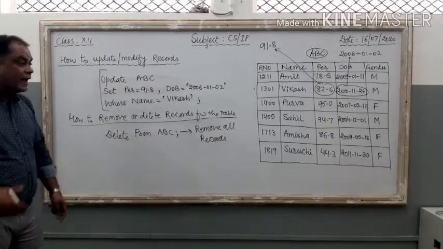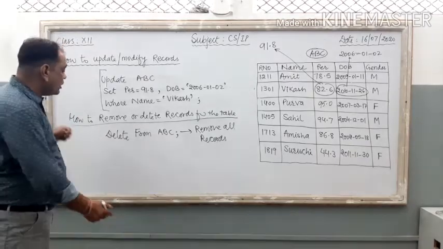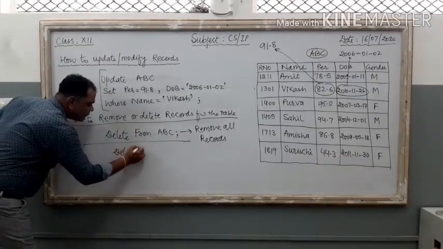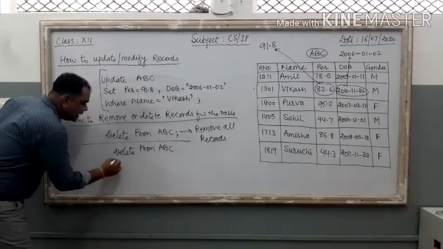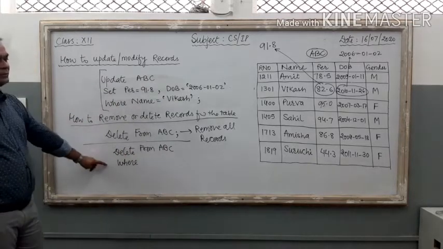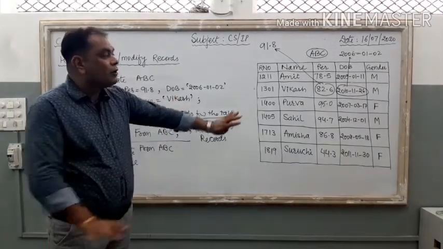Done. Next one. If I want to remove some selected records only, then what is the command? The command is delete from ABC, the table name. Here I just put a where clause. Suppose I want to remove all the female records from the table.